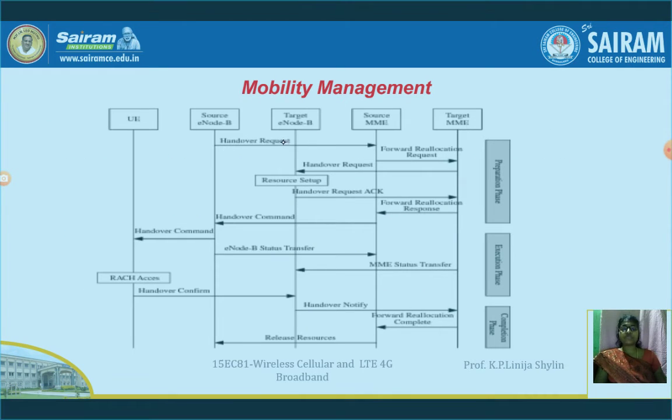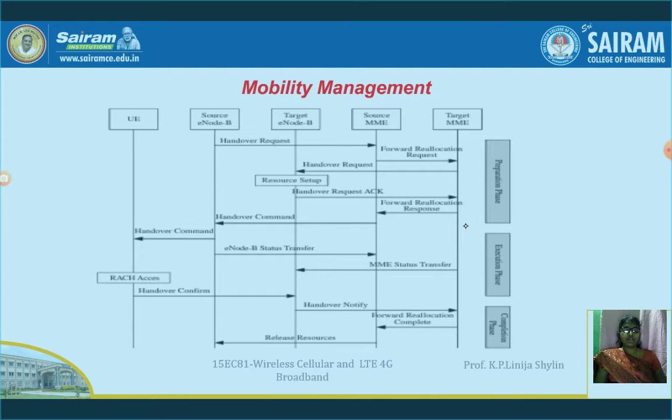It consists of the user equipment, source eNode B, target eNode B, source mobility management entity, and target mobility management entity. Here we have the preparation phase, the execution phase, and the completion phase.